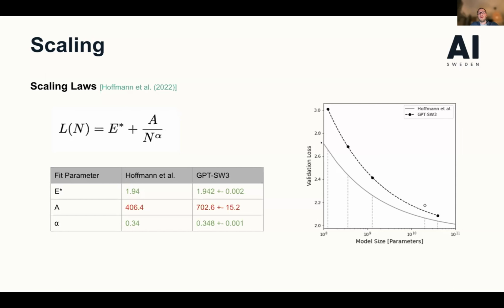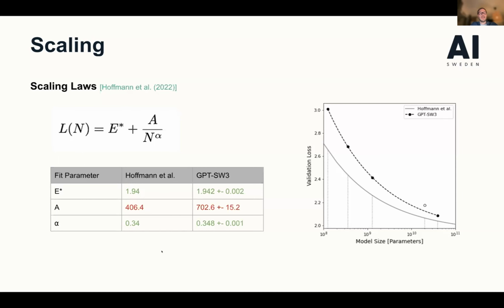But we then also compared it to the corresponding loss as a function of the model size that the Chinchilla paper presented. What we find is that the parameter alpha is very close to the Chinchilla paper.